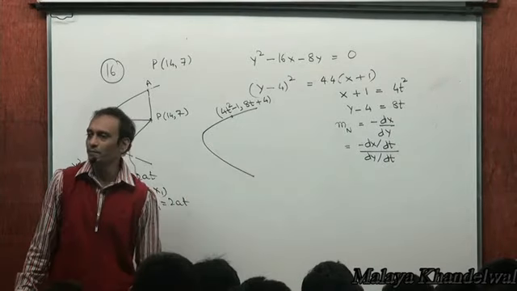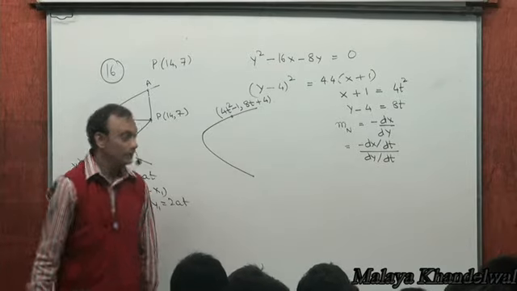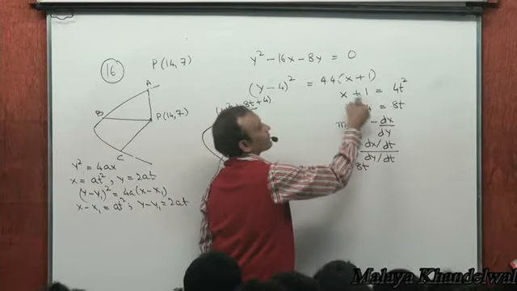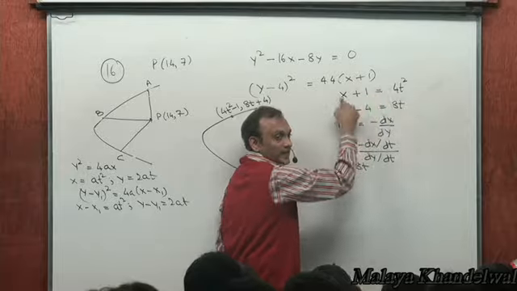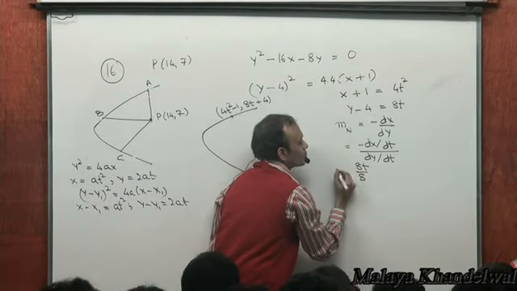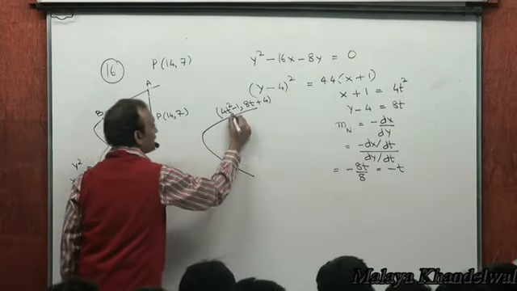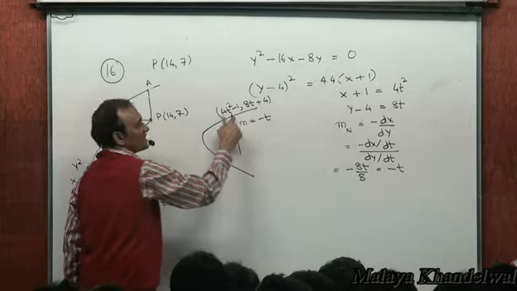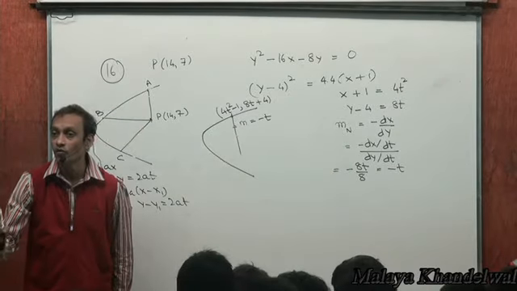Minus dx by dt divided by dy by dt. Right? Dx by dt, as you can see, is 8t, if you differentiate this with respect to t, so you get 0 and 8t. Dx by dt is 8t, dy by dt is 8. So which is minus t. Slope of the normal at any t is minus t. This is at point t for this parabola, right? The slope of the normal at any t is minus t, yes or no?